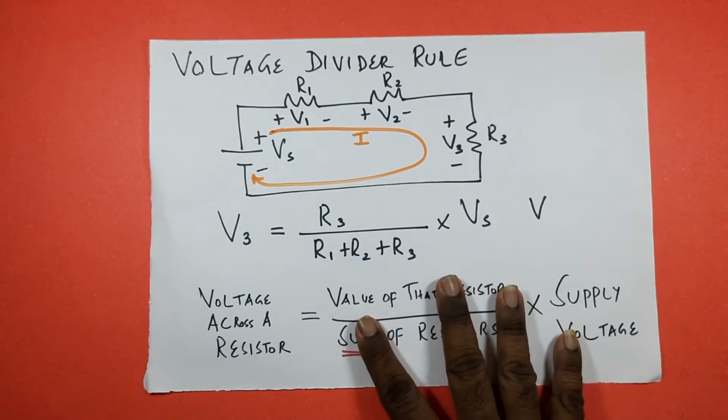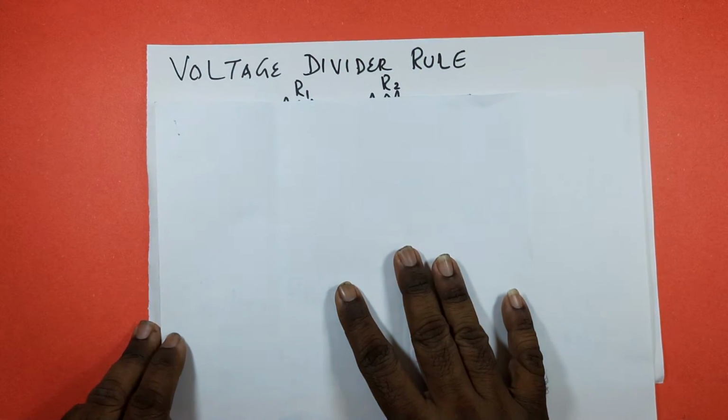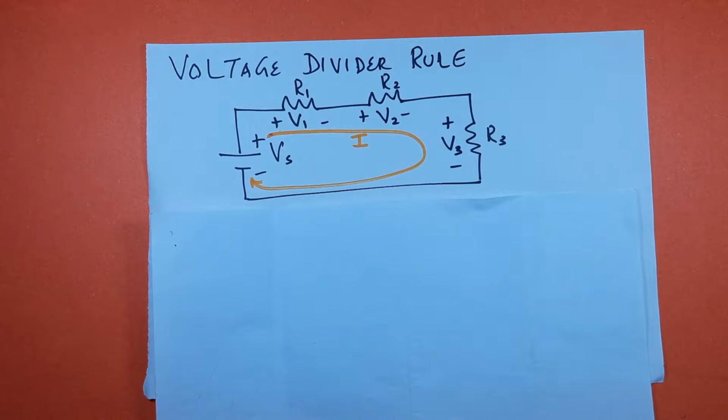Next we shall discuss the so-called voltage divider rule. This is applicable for a series circuit. Here I have a series circuit. Vs is the supply voltage. R1, R2 and R3 are the three resistors connected in series.